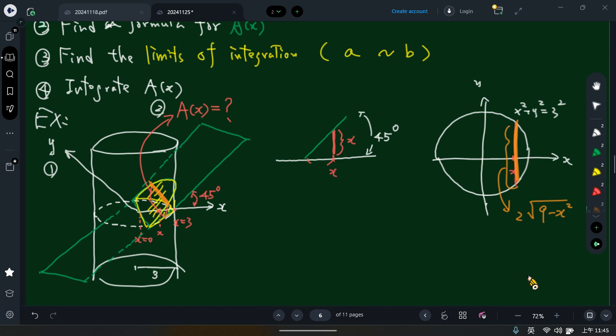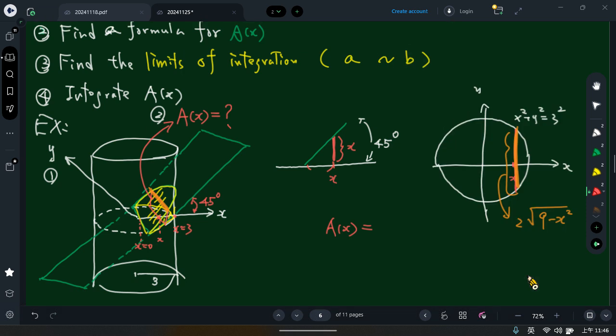Right? So based on this, we can have A of X should be X times 2 times square root of 9 minus s squared. Why is it doubled? Because here the height will be square root of 9 minus s squared.